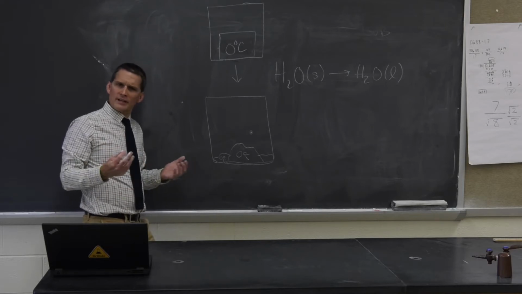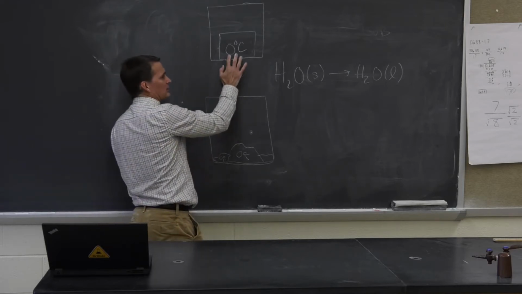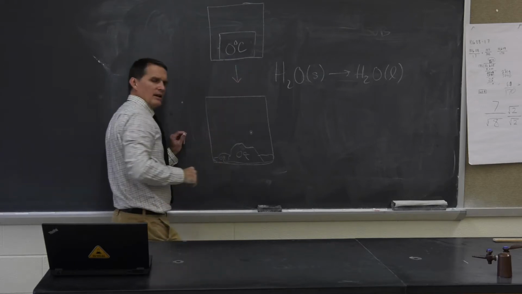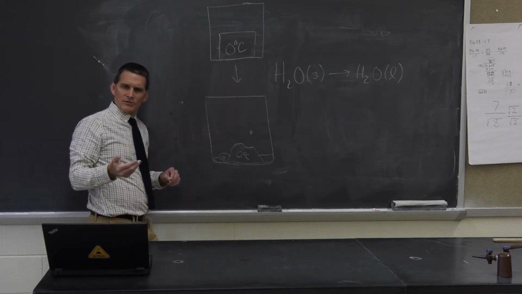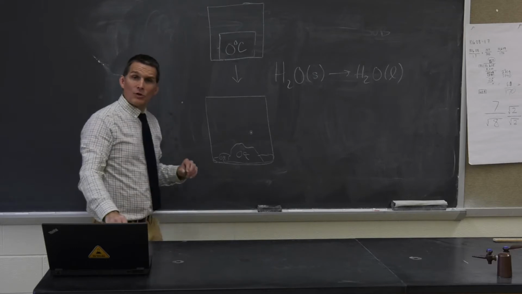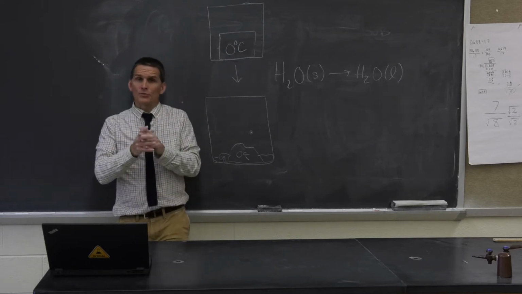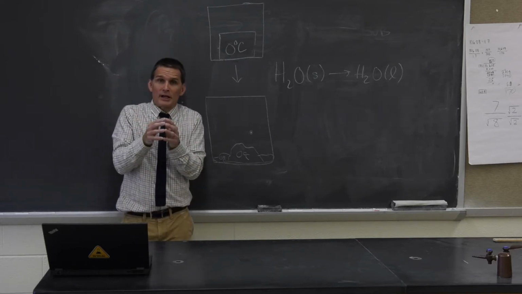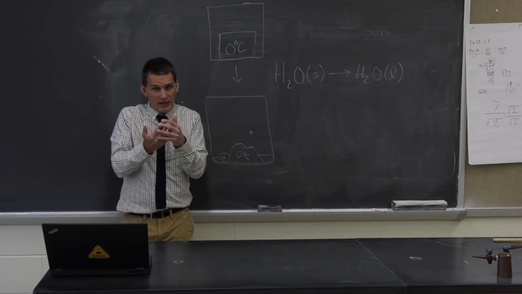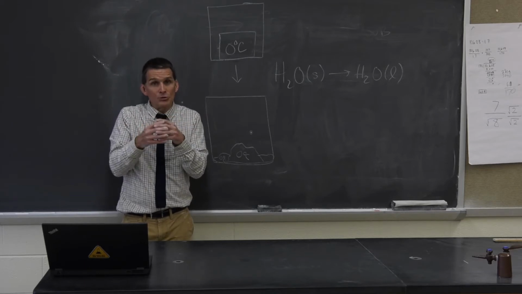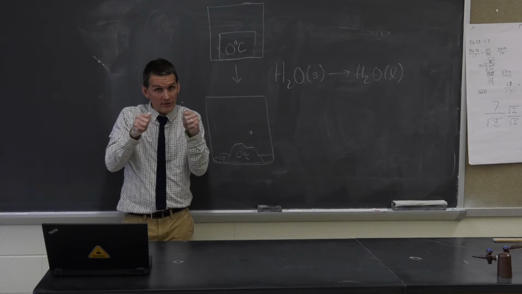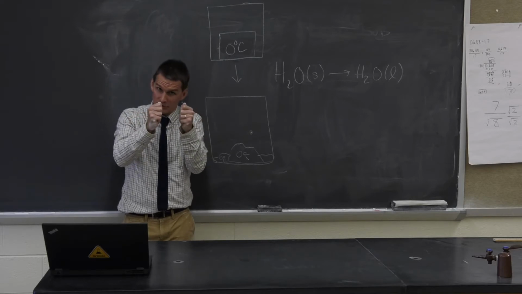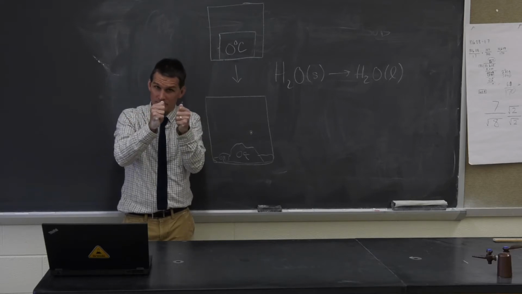Now, how in the world can this happen? I'm supplying energy as heat to the block of ice, and yet it's staying at the same temperature. Well, the energy that's going into the ice is being used to break apart the molecules. Remember, in a solid, those particles are attracted to one another and they just vibrate.